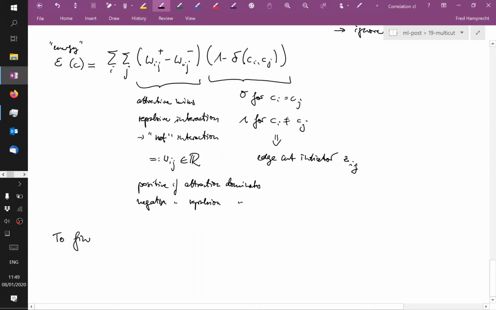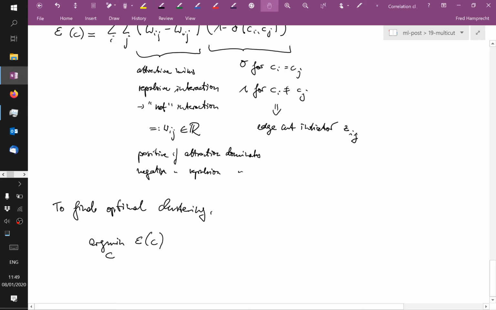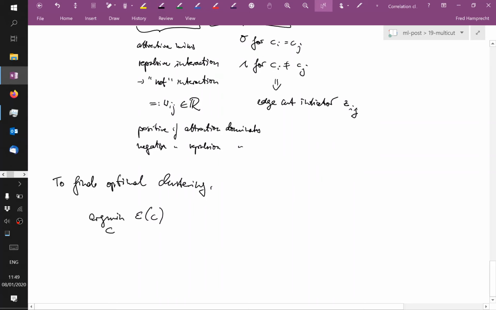So to find the optimal clustering, what we need to do is we're going to argmin over the node labels this energy function that we've just defined.